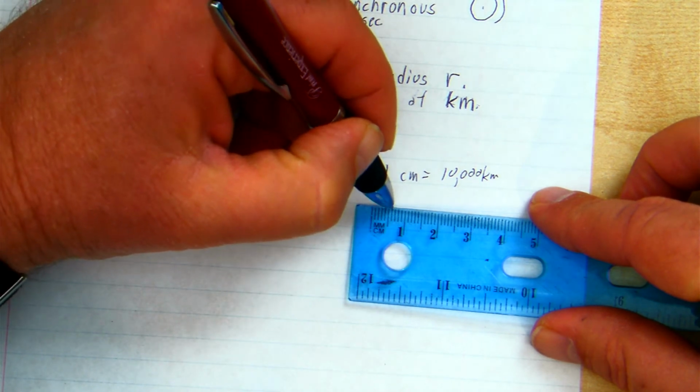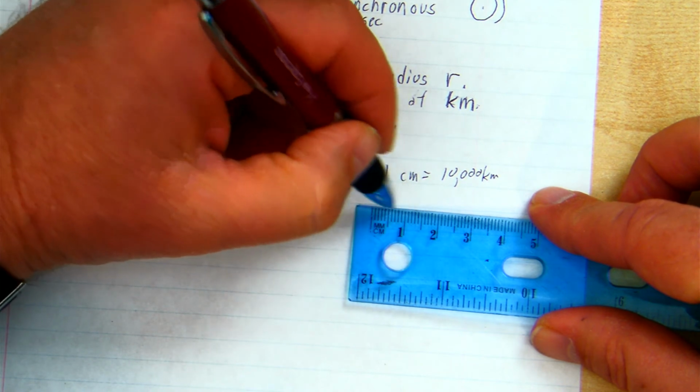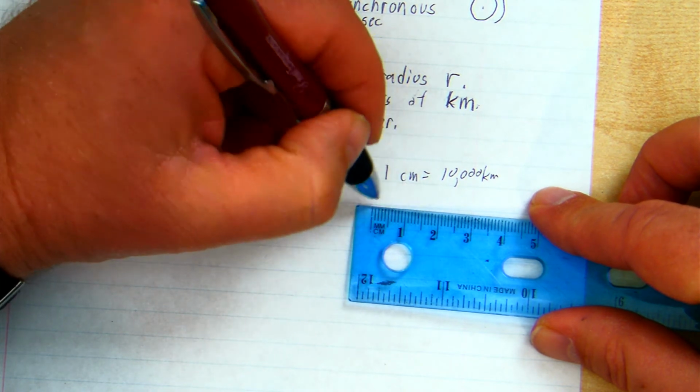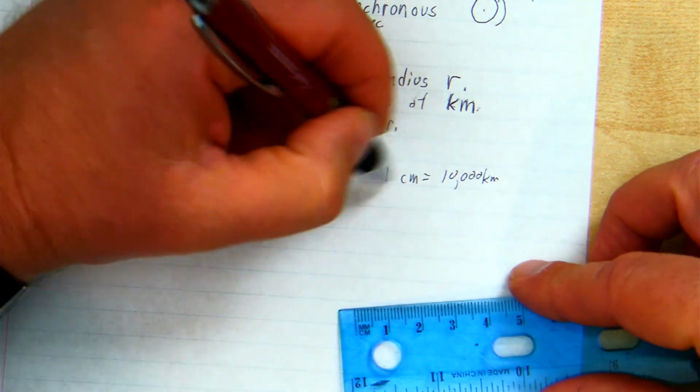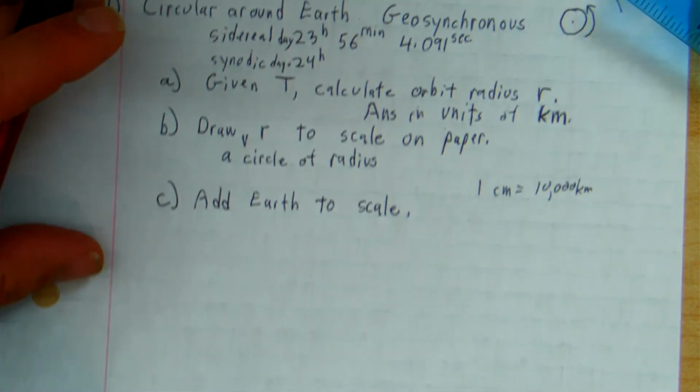And so the radius would be that. And so the diameter twice that, about 12 to 13 millimeters. So from here to there would be the diameter of the Earth. And so then you draw a little circle in the middle of the geosynchronous orbit, and that would represent the Earth to scale.